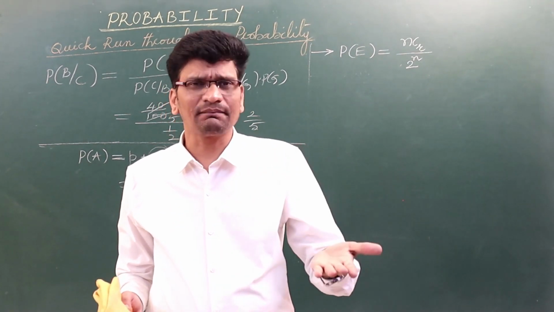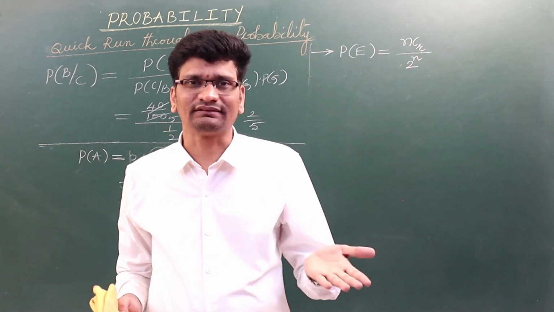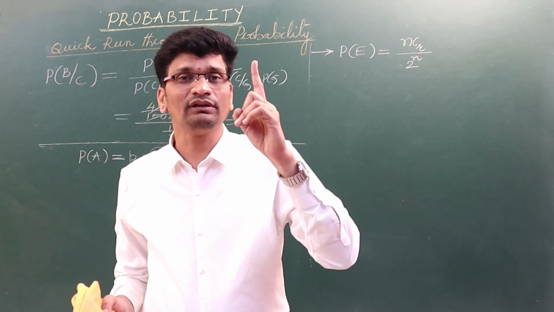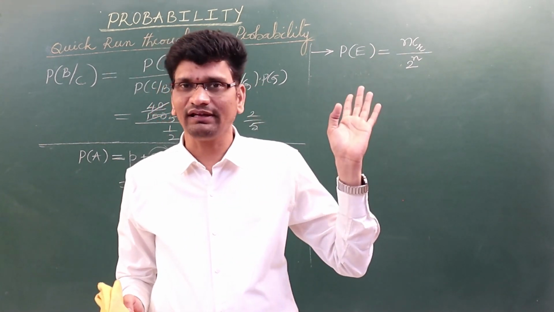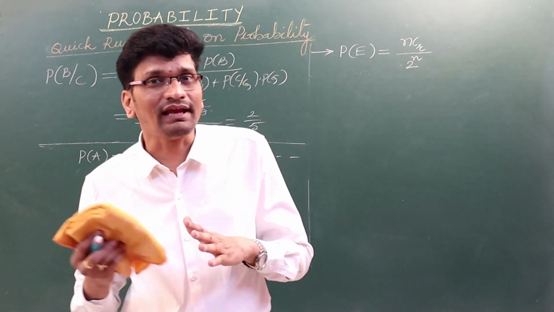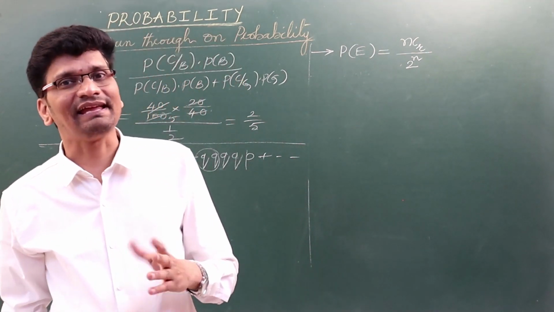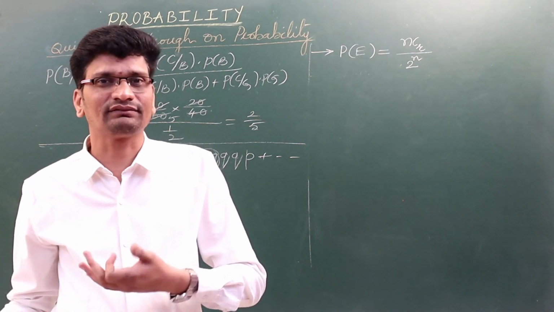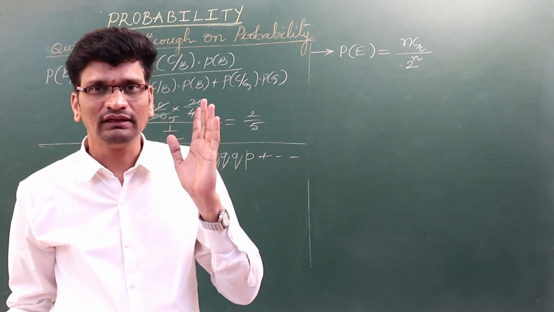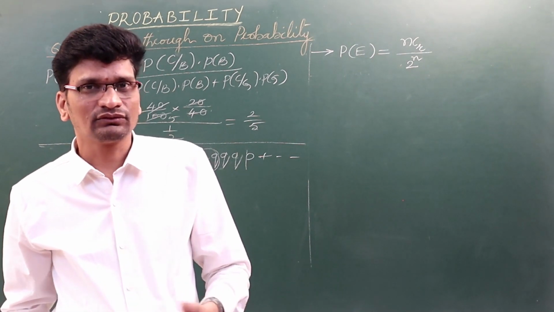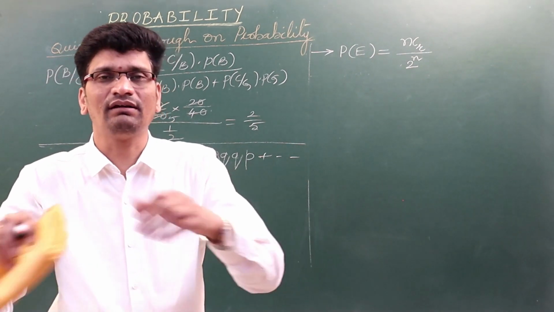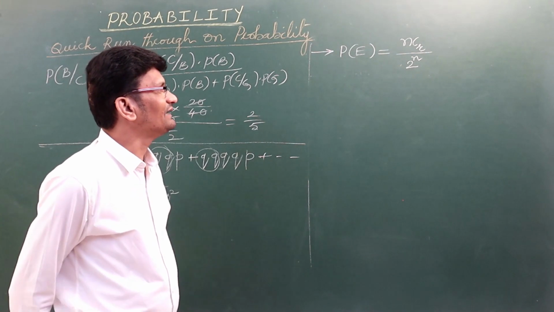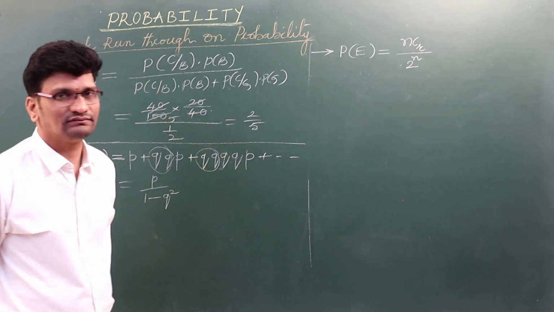In those r places, take the heads. All are identical, you will get only one arrangement. That is the reason I am not writing into 1. And the remaining n minus r should be tails. So n minus r C n minus r always gives 1. That is the reason I am not writing it. So after simplifying the entire formula, you will get nCr by 2 power n.